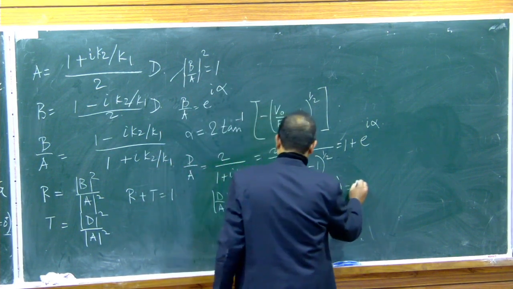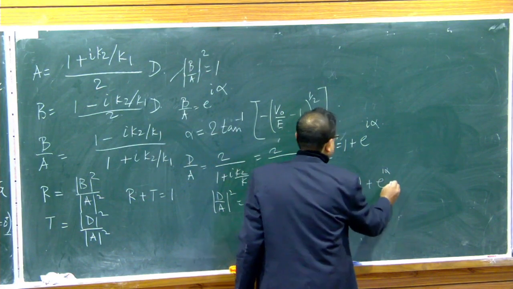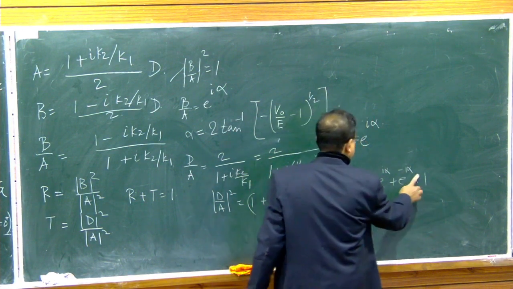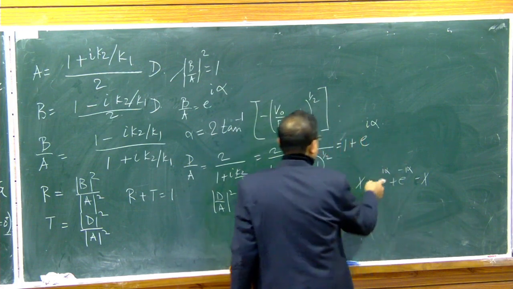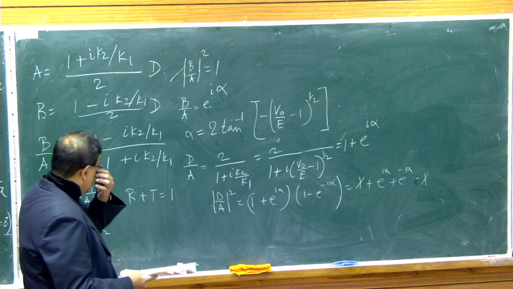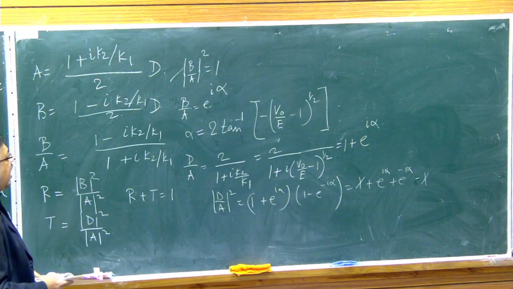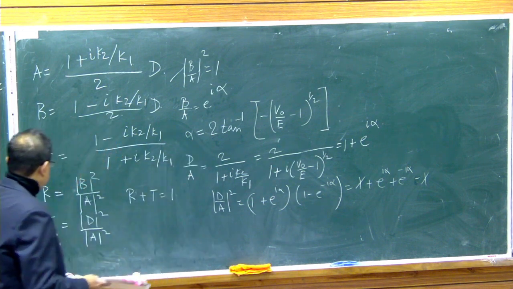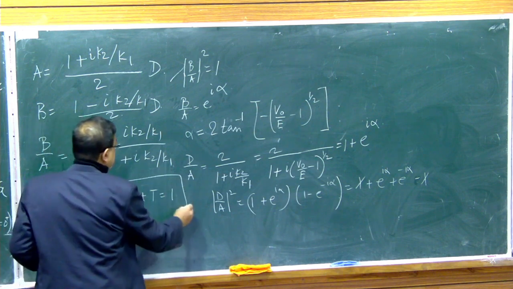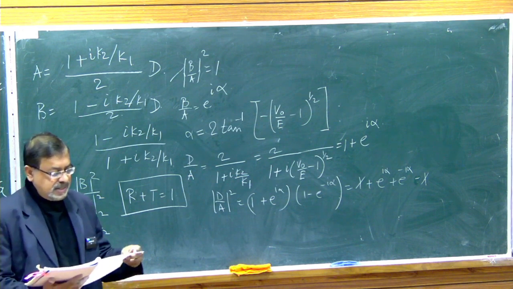So this will be like 1 plus exponential I alpha plus exponential minus I alpha plus 1, and they will combine, and this will give rise to a cosine alpha, and then you can put this there, and check that R plus T is equal to 1, which means that the reflectance plus transmittance should be equal to 1.